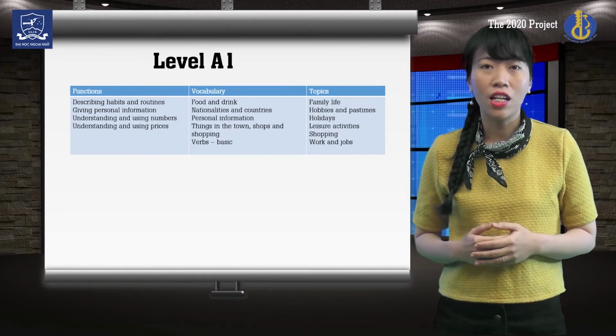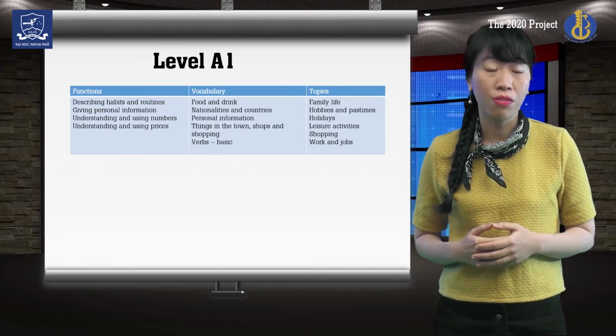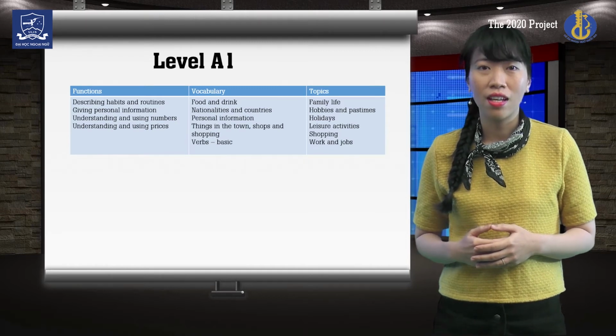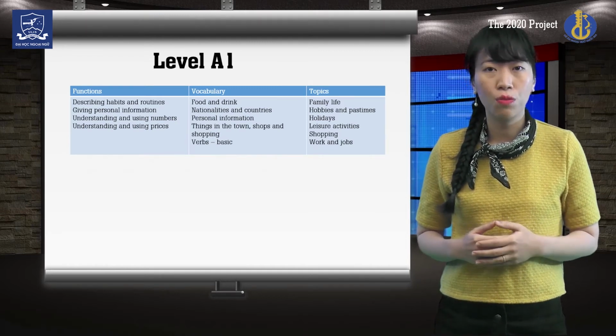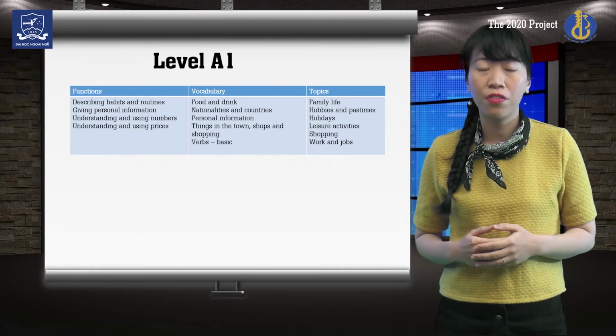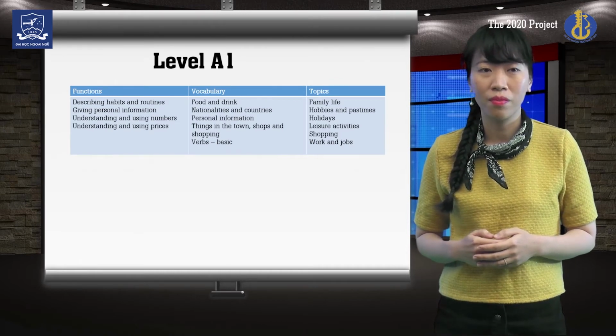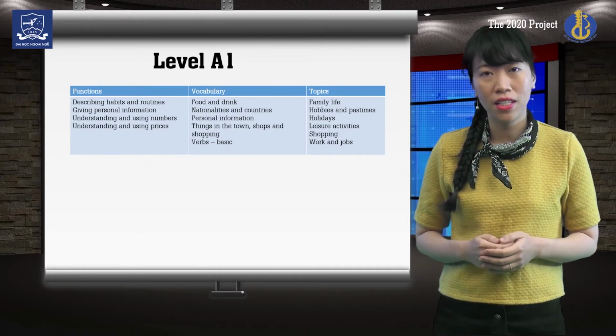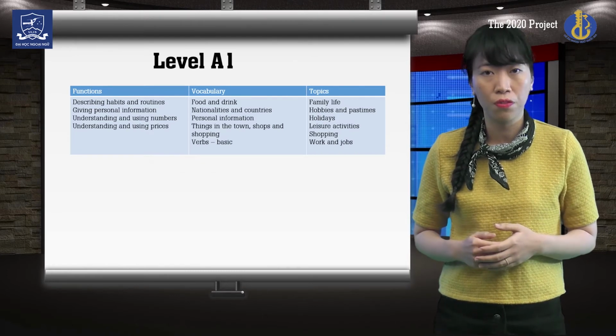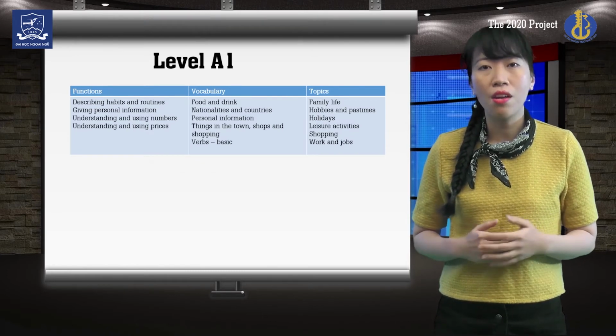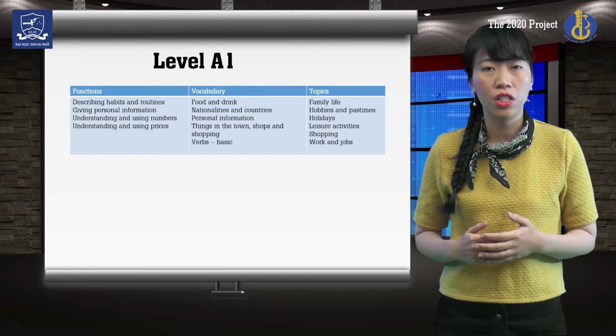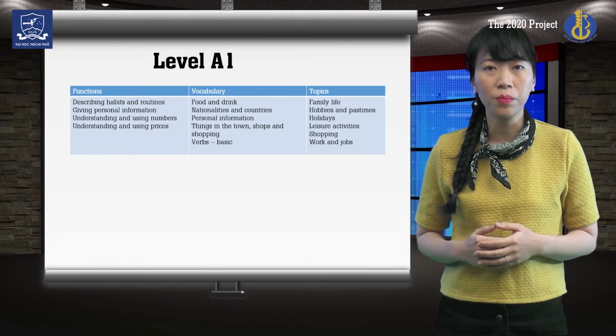They can understand and use numbers. We have 3 cats and 1 dog. And they can understand and use prices. I spend about 50,000 dong a day. Of course, these activities here can be both in spoken or written forms, so it means A1 learners can perform these functions in speaking too.